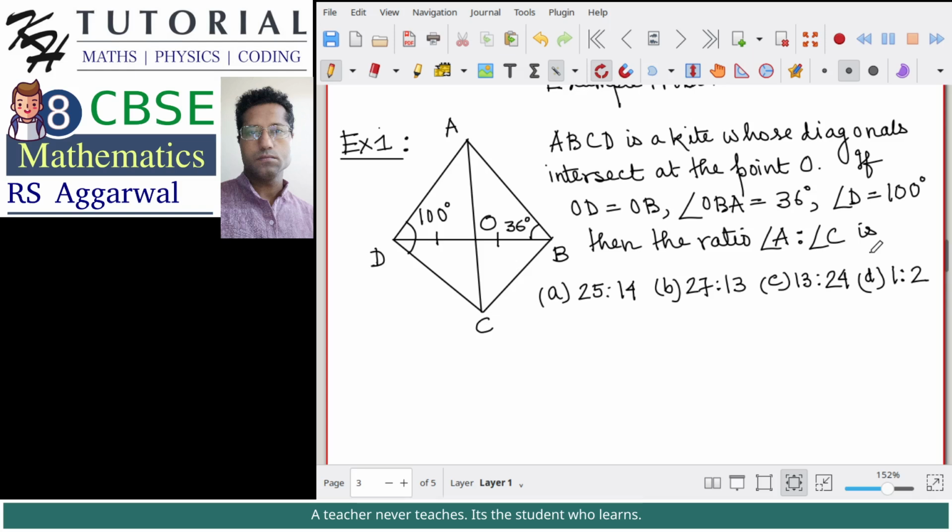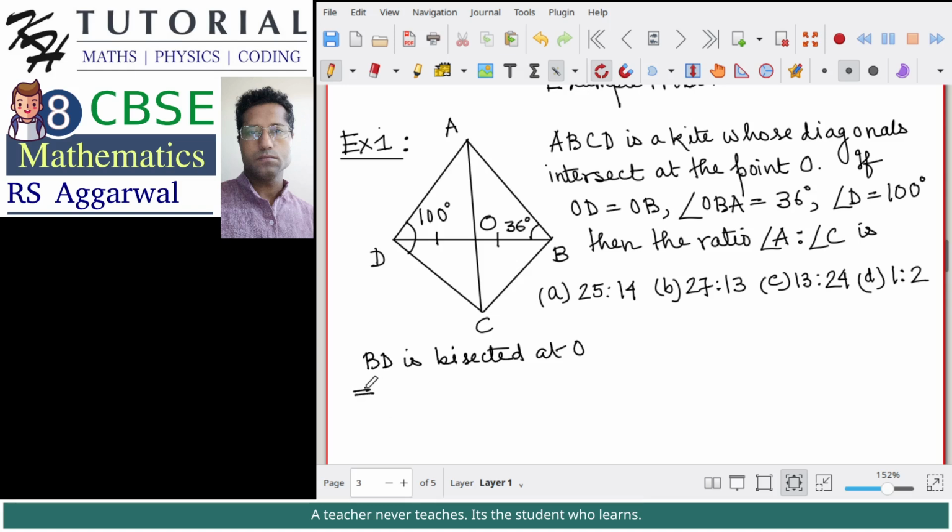Now, how do we proceed? We know that the diagonal BD is bisected at O. From the properties of a kite, we know that the diagonal which is bisected at the point of intersection of the two diagonals will connect the two opposite angles which are equal.